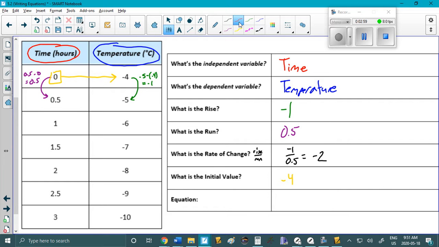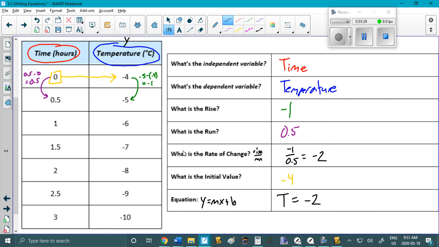Finally, to write the equation, it's always in y equals mx plus b form. But in these real-life situations, we replace the y and the x with letters from our variables. The y values are always over on the right here. They're the dependent, so it's going to be temperature. So I'll say T equals, the m, remember, is the rate of change, which we found here to be -2.